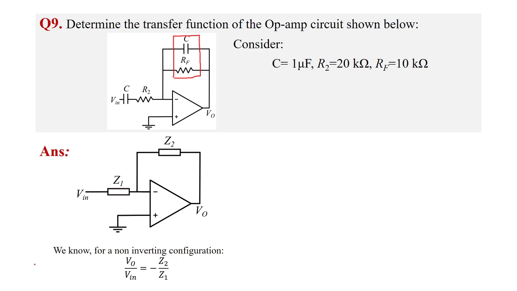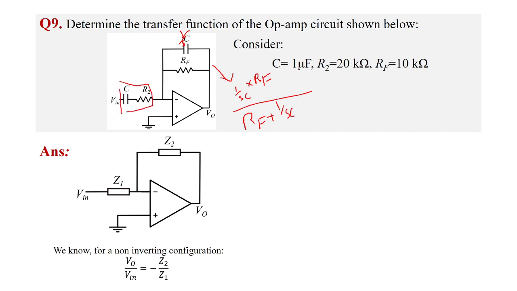The impedance across C is 1 by SC, and due to RF it is RF. So the net impedance Z2 will be equal to 1 by SC into RF by RF plus 1 by SC. Similarly, what is Z1?